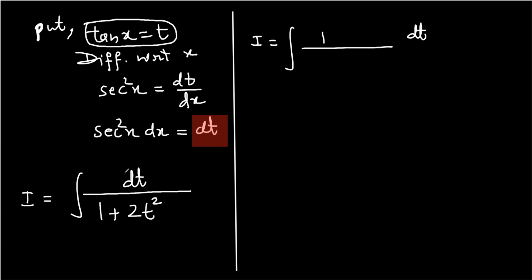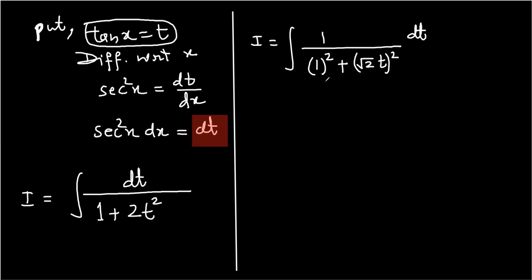First of all, the numerator dt can be written as 1 dt. Then this 1 I can write as 1 square, plus 2t square. I can write this as root 2t the whole square. Okay, why did I do that?